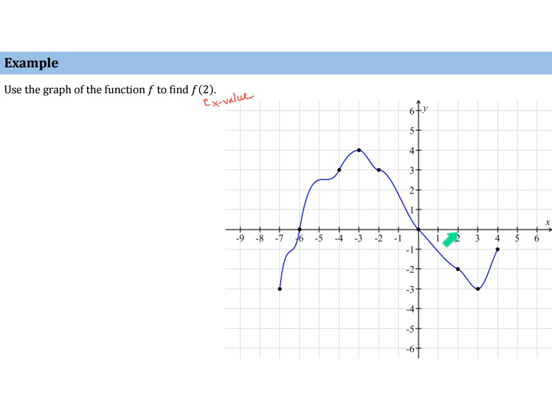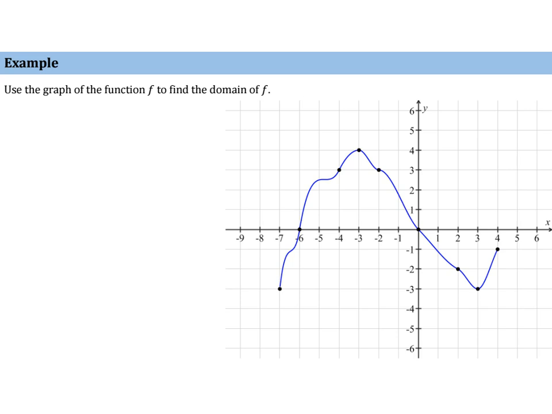Go to your curve, and what is the corresponding y value? -2. So f of 2 equals -2. What I want you to notice is what point is on the graph because of that. (2, -2) is on the graph of our function.